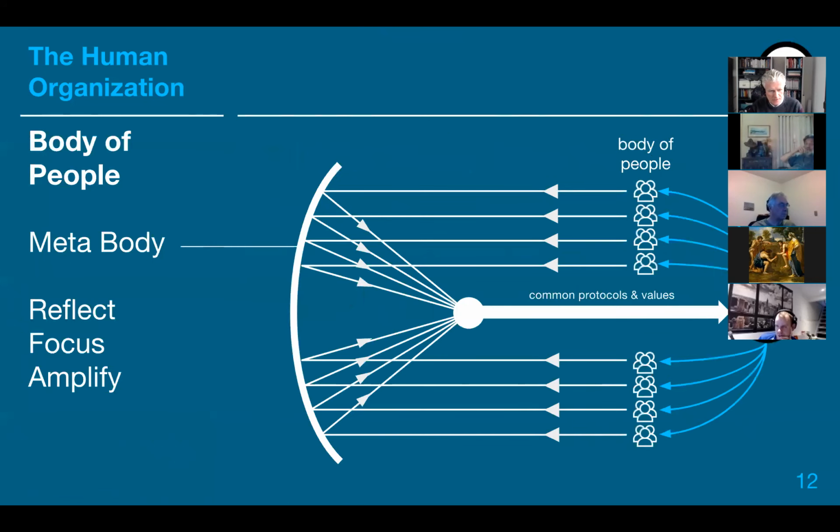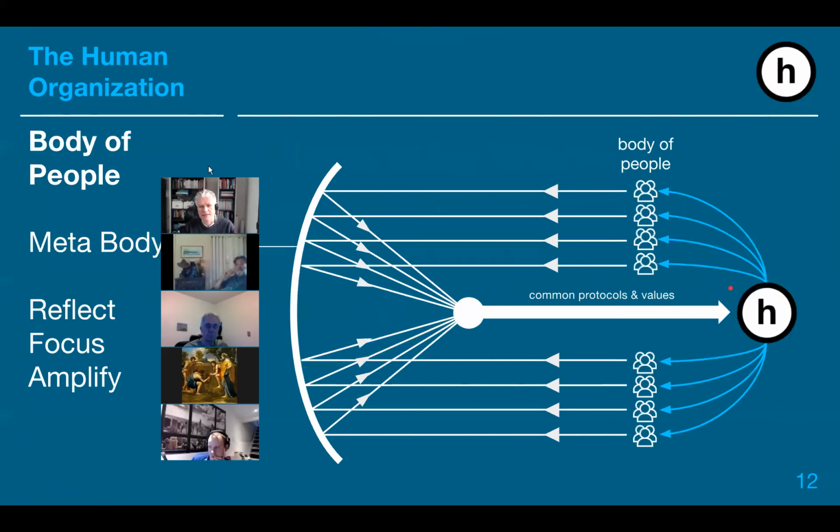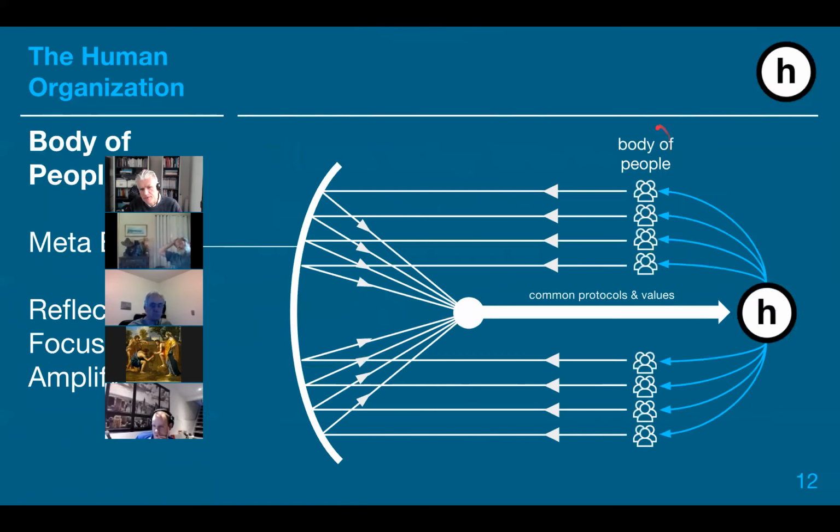So this is a diagram I came up with that describes this meta body, as I call it, right? On the right side here, here's the body of people. See it as a community, a collective, a group of people, coming on and then hitting this shield here, and then being focused towards some shared common protocol, value, outcome here, right?